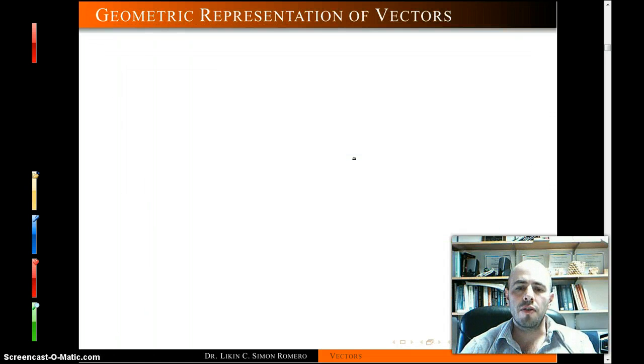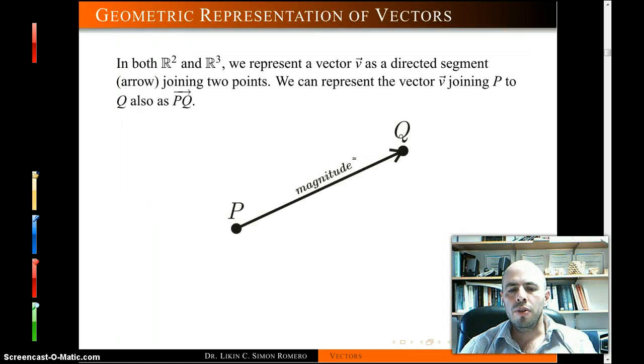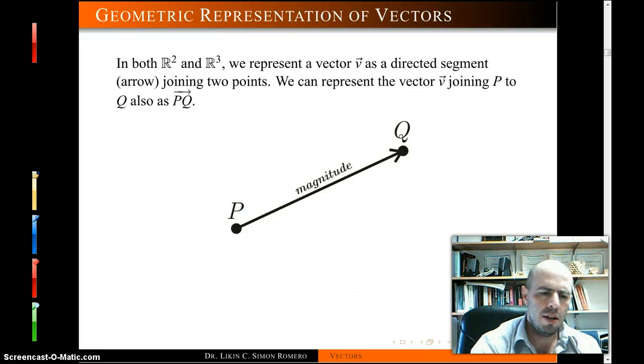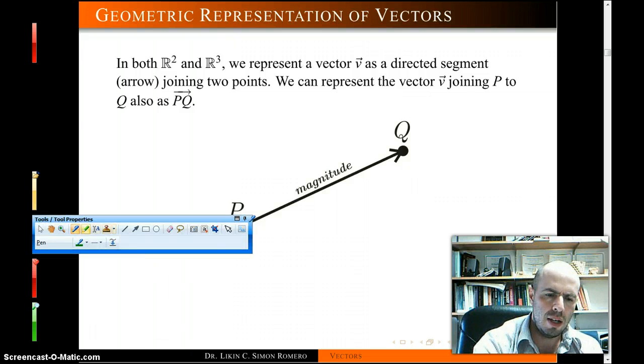Geometric representations of vectors. Both in R2 or R3, the plane or the space, we represent a vector B as a directed segment, an arrow, joining 2 points. We can represent the vector B joining P to Q also as PQ with an arrow over the top. This is a geometric description of what we are saying.